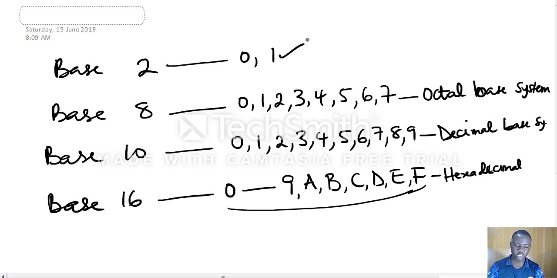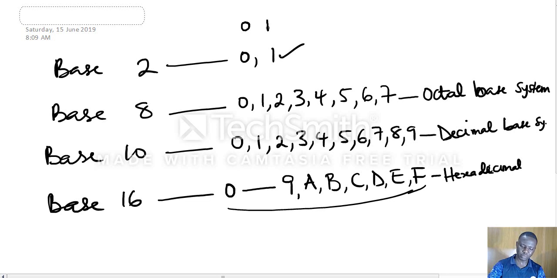So in electronics, 0 is represented as the off state of the device, while 1 is used to represent the on state of the device. So the base 2 system is mostly used by our electronics gadgets at home.